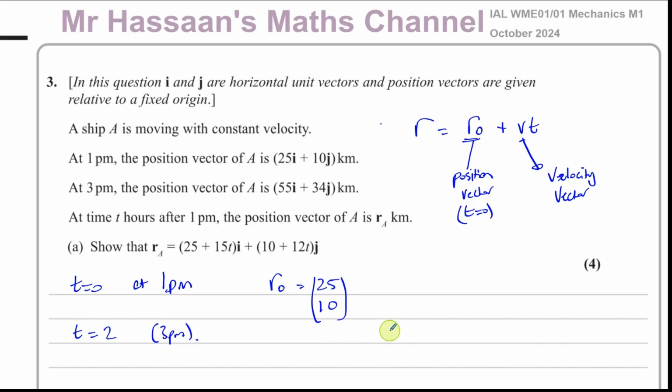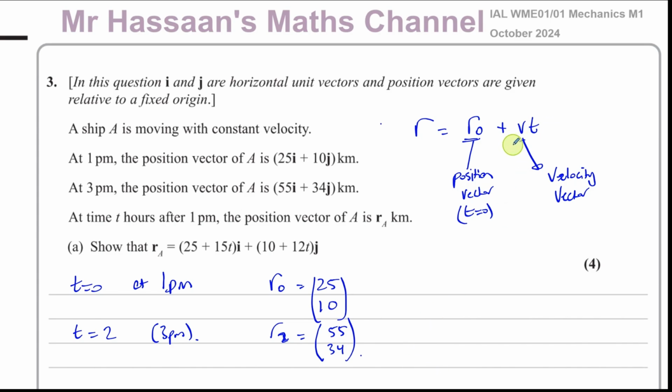Now we know the position vector of A at 3 p.m., that's R2, is 55i plus 34j. So we can try to find the velocity vector.